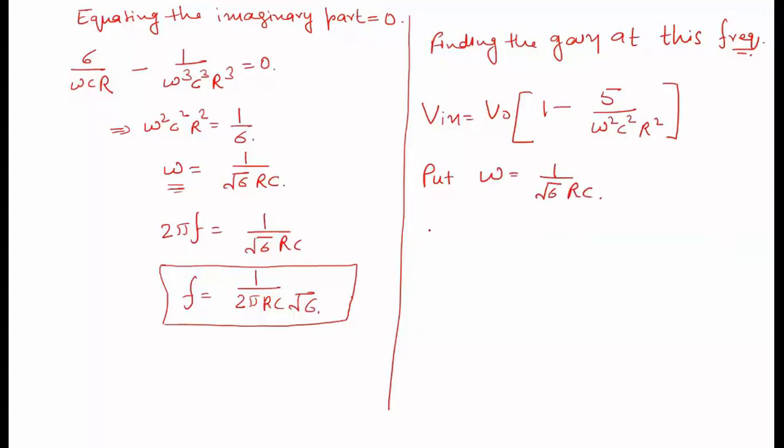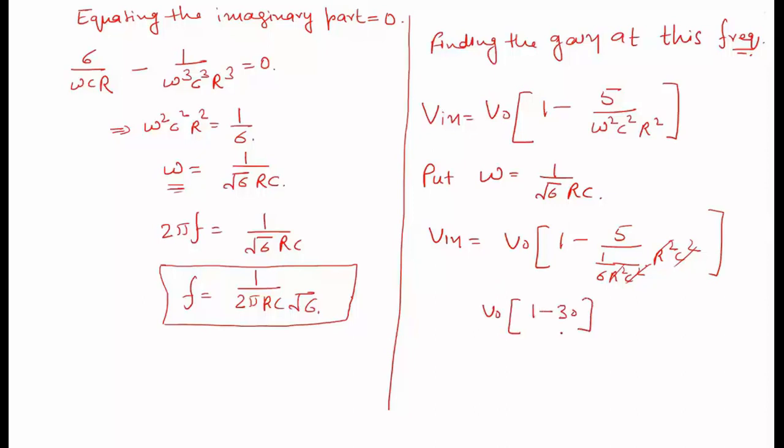So we can have the V in is equal to V naught into 1 minus 5 upon 1 upon 6 R square C square into R square C square. So we can cut these terms and we can find out V naught into 1 minus 30, and this is V in.